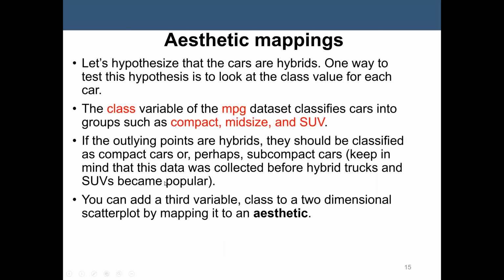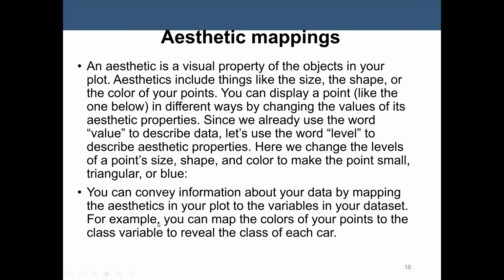Now, we can add a third variable, class, to a two-dimensional scatter plot by mapping it to an aesthetic. An aesthetic is a visual property of the objects in your plot. So, a visual property of the object. Now we can see some dots we have. Some are black, some are red.